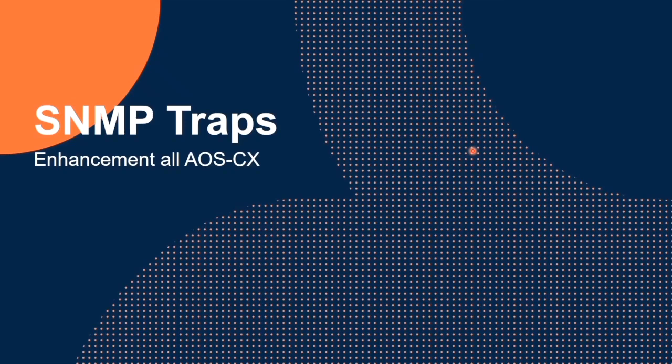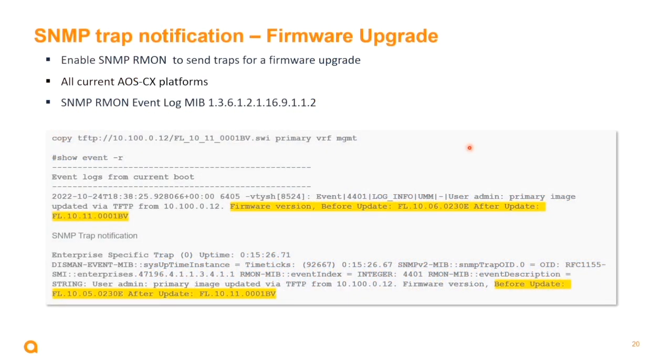So it's SNMP Traps. We have a new SNMP trap. It's to do with firmware upgrades. So when there is a firmware upgrade, we will get a trap. This is for all current CX platforms, and this is the MIB event.